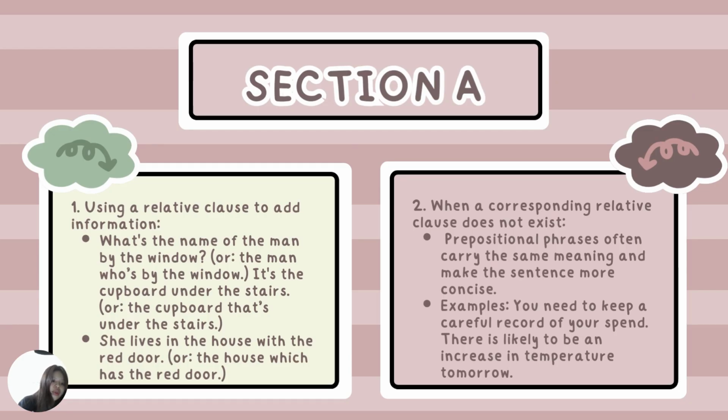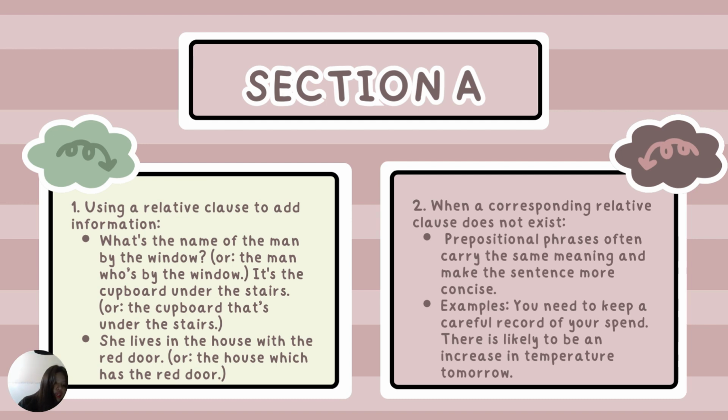Number one, using prepositional phrases like relative clauses. We often use prepositional phrases in a way that is similar to relative clauses. Let's look at some examples. What's the name of the man by the window? This is similar to: the man who is by the window.